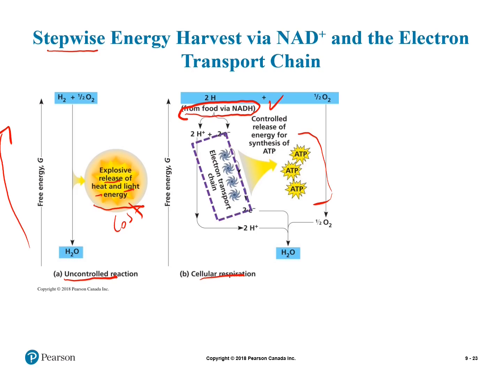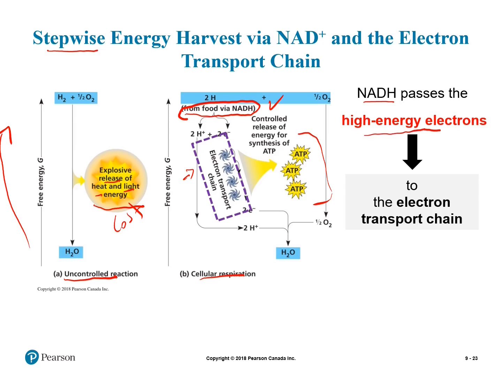We will be talking about this electron transport chain in a second, in the following classes, because this NADH passes these high energy electrons to the electron transport chain, which in both cases is located in the mitochondria and in the chloroplast, in the membrane.